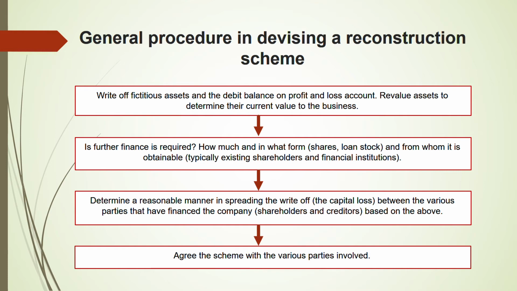And finally, after the scheme is ready, you have to make sure that this scheme is agreed by all the various parties who are involved. If they are not agreeing to the scheme, you have to revise your scheme. Parties have to agree with the scheme.